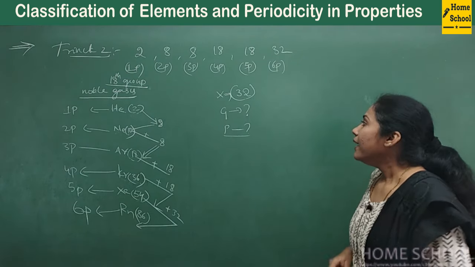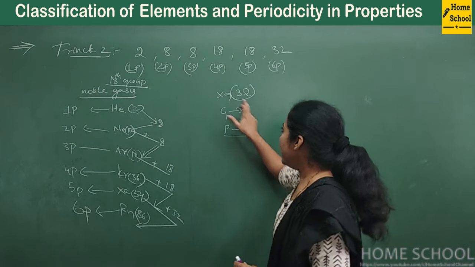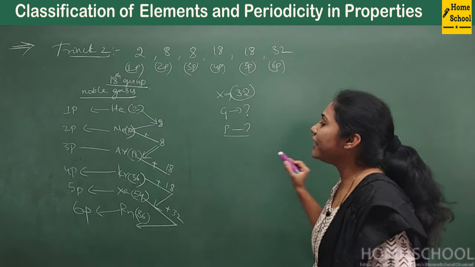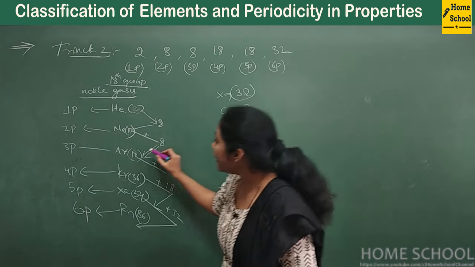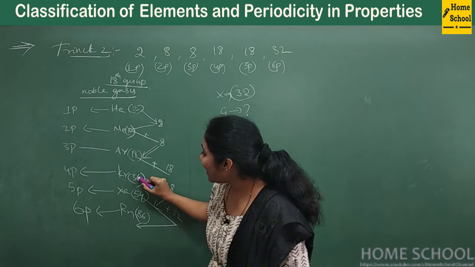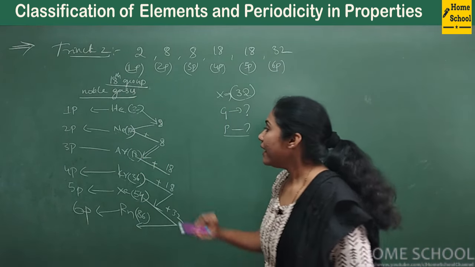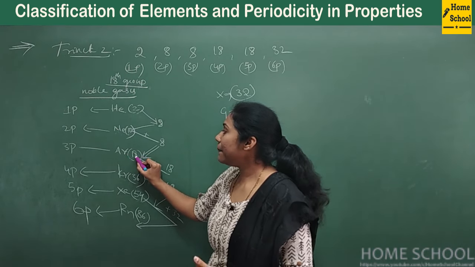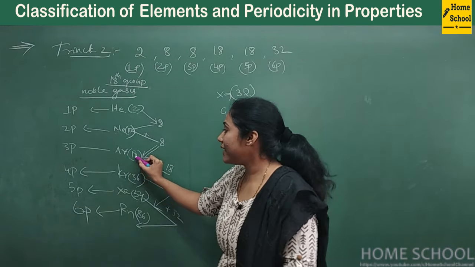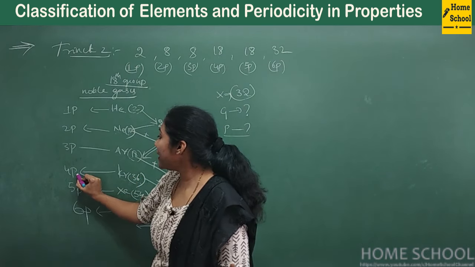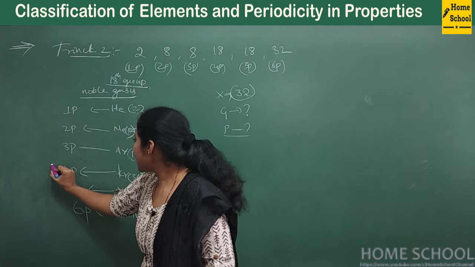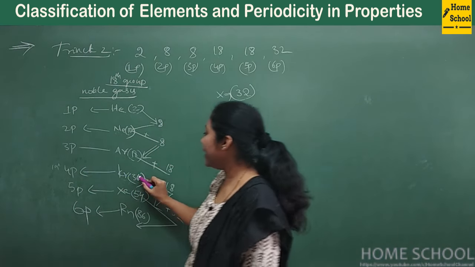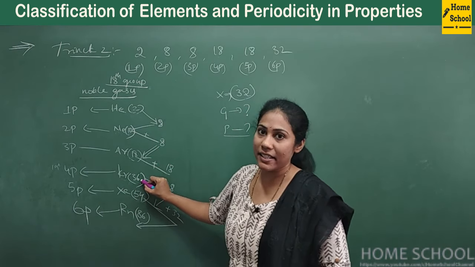Period number, see, element 32 is coming. So where can this element 32 be present? It can be present between 18 and 36, isn't it? In the third period, argon, that is atomic number 18, is the last element. That means in the fourth period, your first element is the 19th element, and in the fourth period the last element is 36, right?